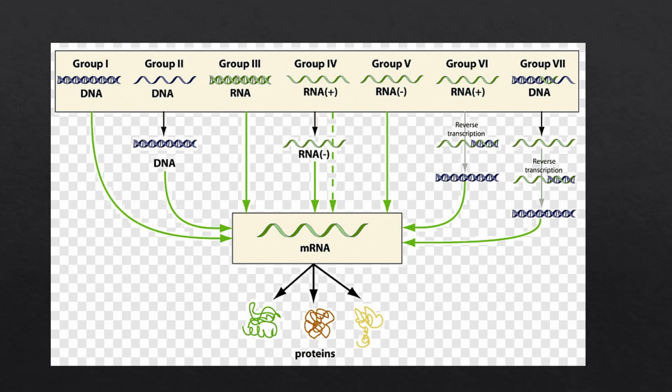Here we have group 1 to group 7, classification of viruses based on single stranded and double stranded DNA and RNA, with enzymes like reverse transcriptase, finally converted into mRNA. Let us discuss one by one.